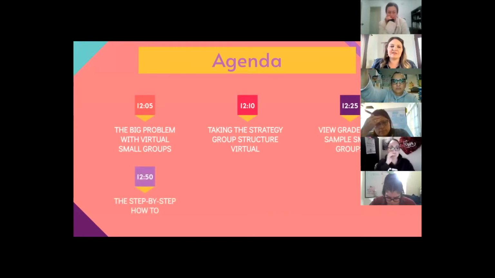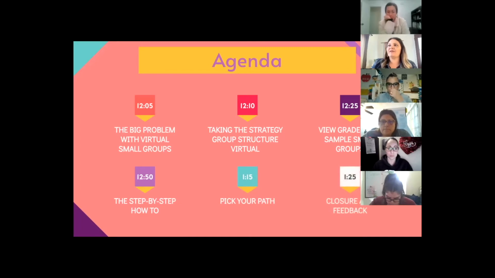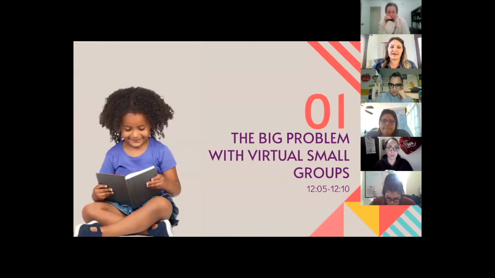And then, just like if you went to my Seesaw training, we're going to walk through a step-by-step how-to. And then we'll have just like 10 minutes of question and answer, or if you want to go into a breakout room and discuss with your colleagues, you can. And then we'll end with a quick survey, closure, and feedback.